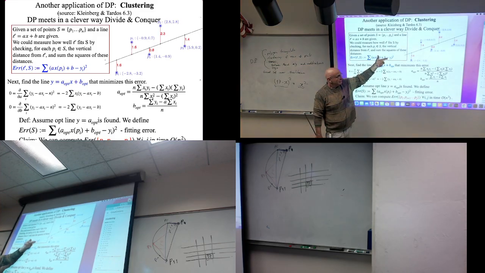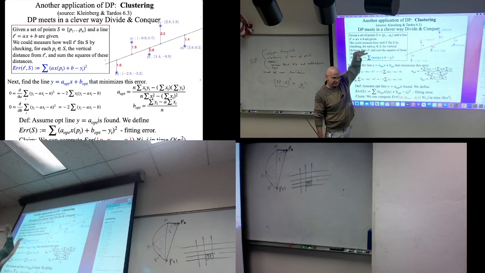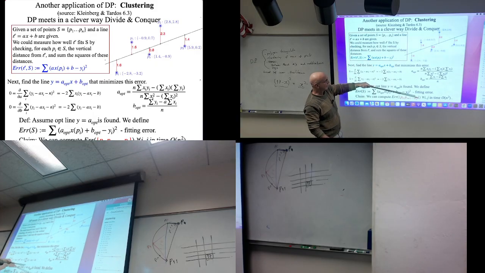One of the reasons that I wanted to square it rather than sum up, say, the absolute value, is that it's differentiable. It has continuous derivatives. So this expression is just a function of two parameters that I need to decide about. What is A, the slope, and what is B, moving the line up and down.